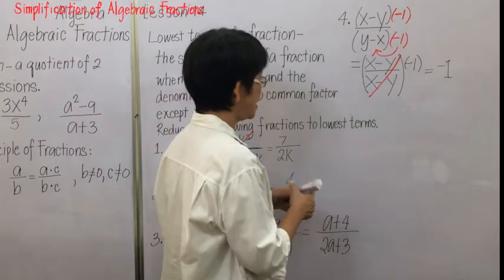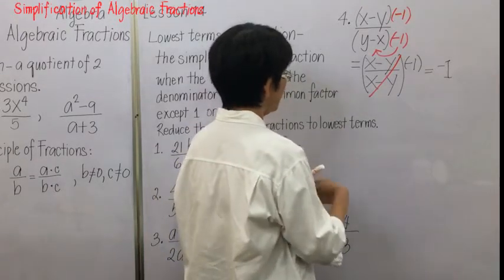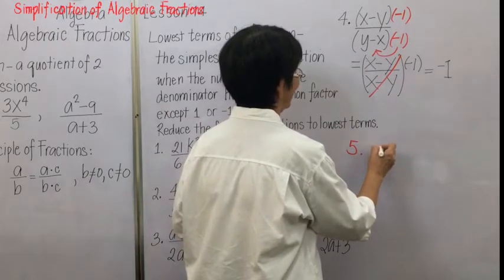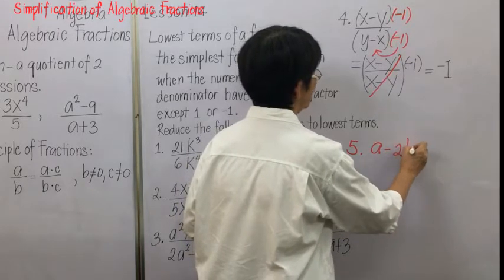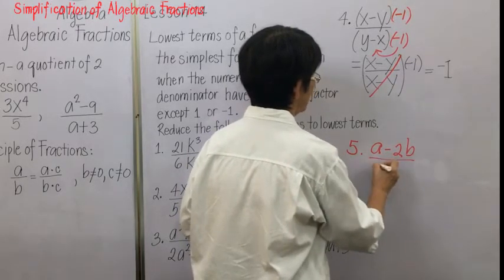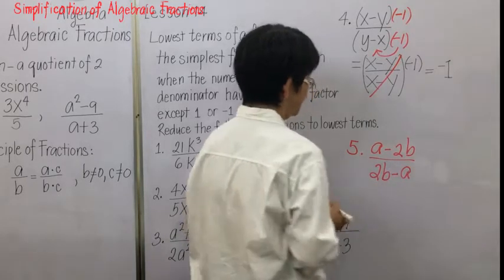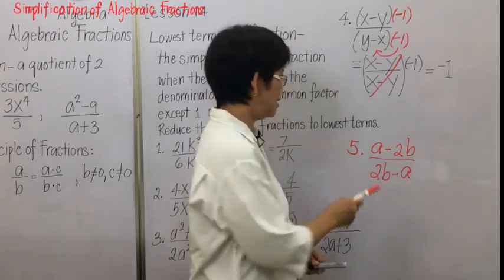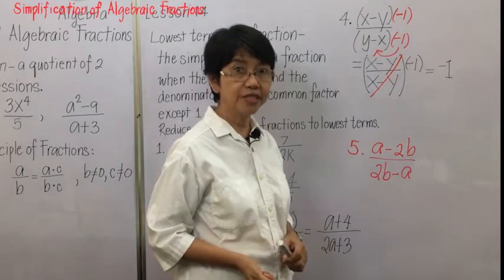So in this case, I'll give another number 5. a minus 2b over 2b minus a. So these two have opposite signs, and a and -a have opposite signs.